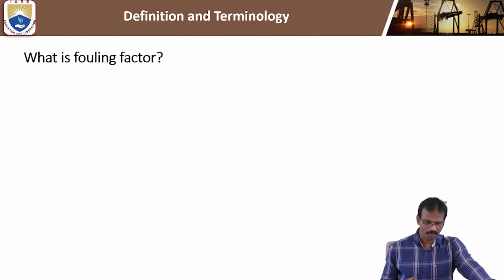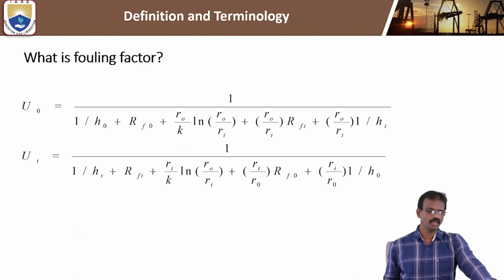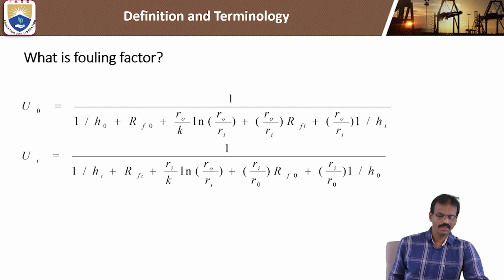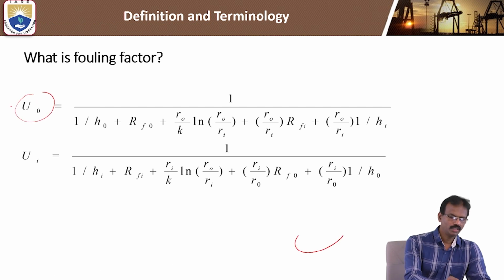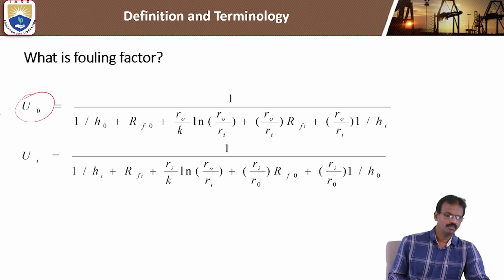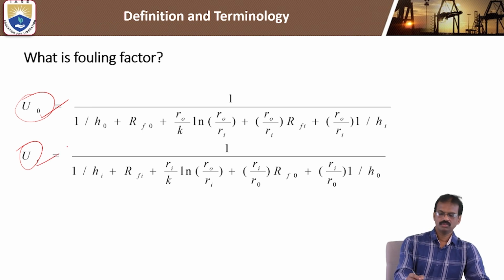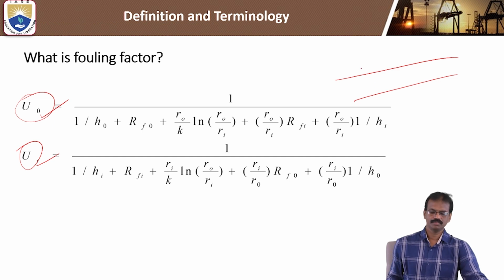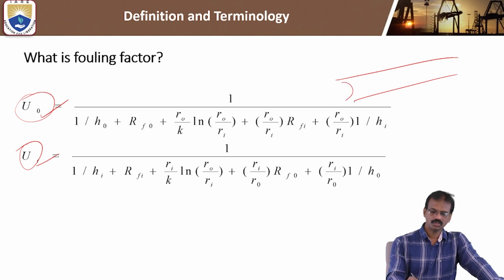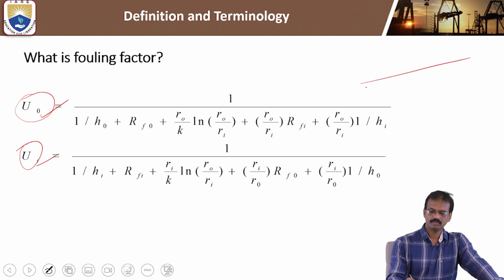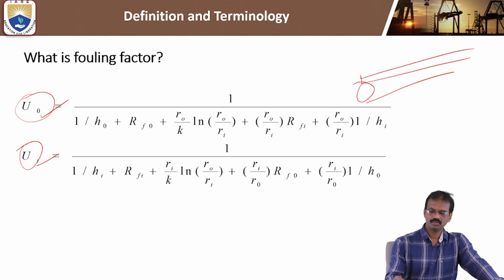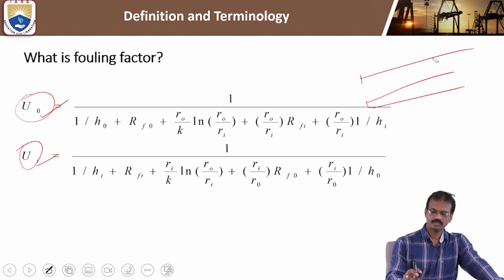We'll see here some formulas for how to add these factors. This one is the overall heat transfer coefficient with respect to the outer surface, and this is the overall heat transfer coefficient with respect to the inner surface. Just like the flow is flowing through a pipe, the outer surface is something like this.